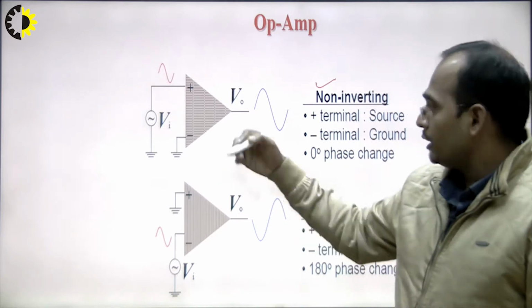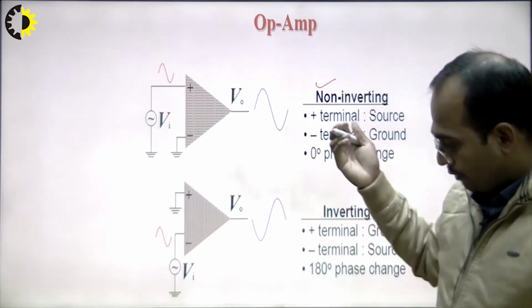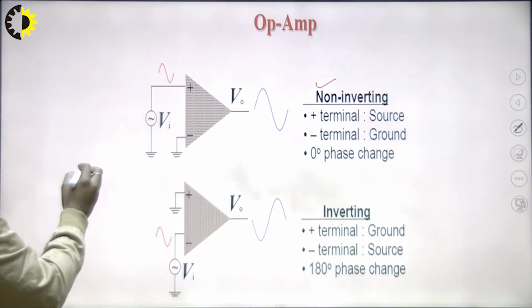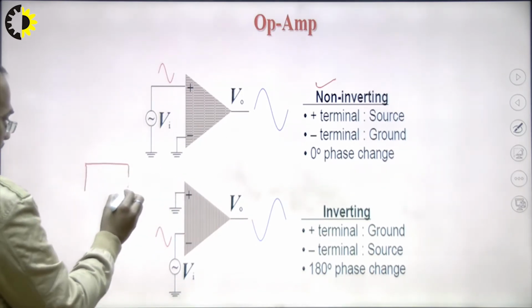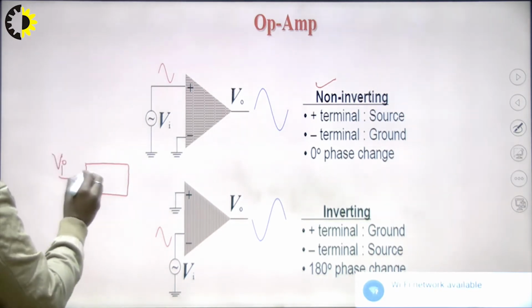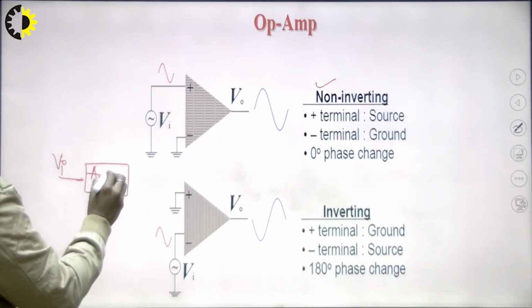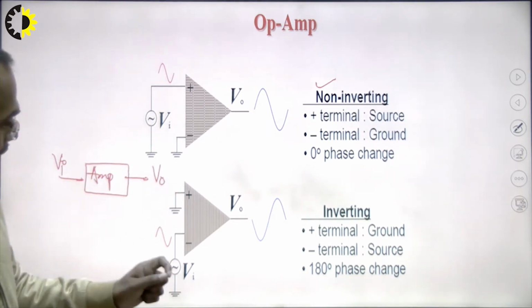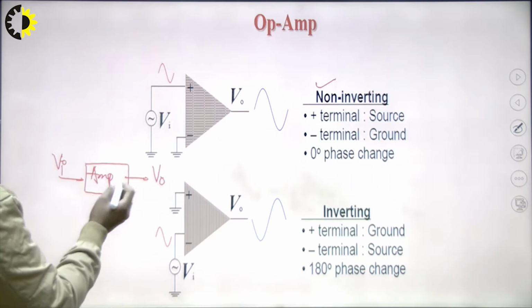What is the property of an amplifier? Suppose I am applying an input to the amplifier and taking the output from the amplifier. What does the amplifier do?